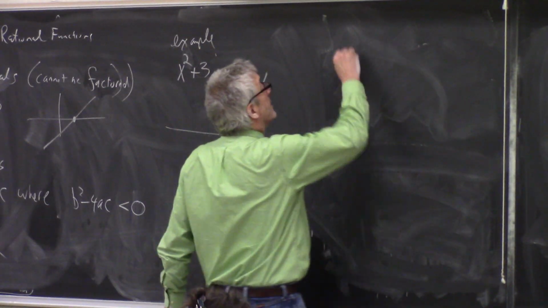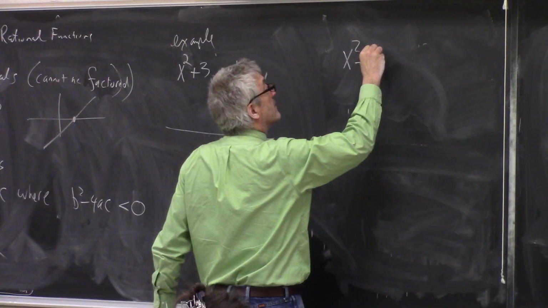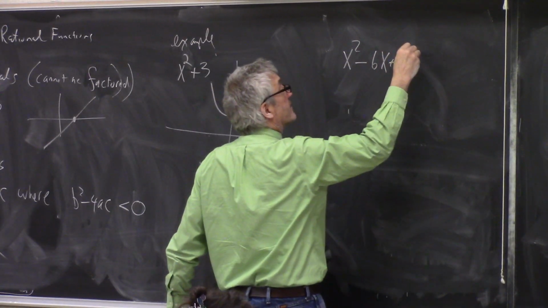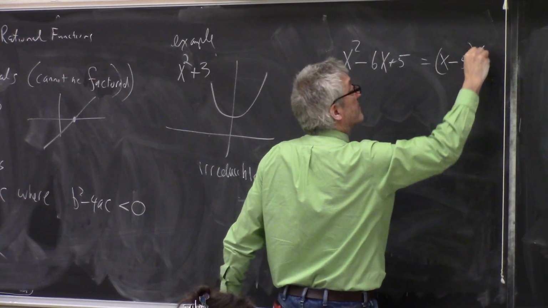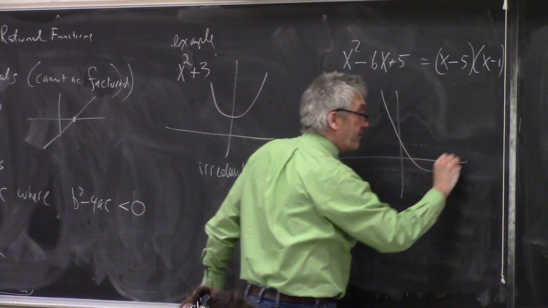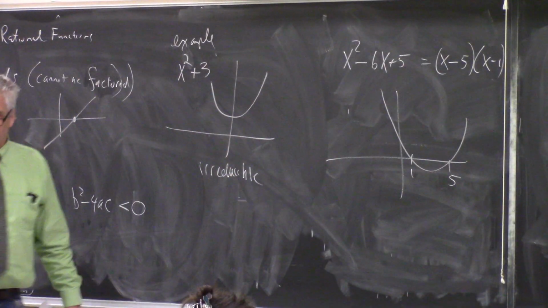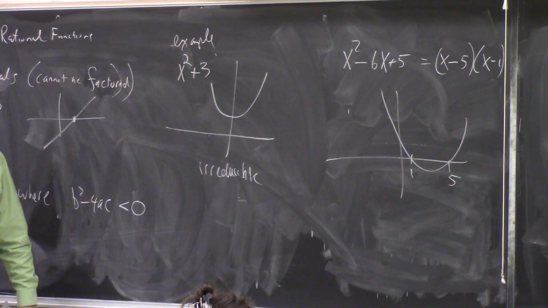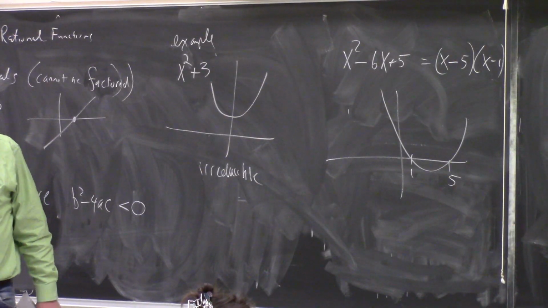Whereas x squared minus 6x plus 5, well, that can be factored as x minus 5, x minus 1. That's factorable. And sure enough, that parabola has x-intercepts at 1 and 5. So irreducible quadratics are ones that correspond to parabolas whose graphs don't cross the x-axis.